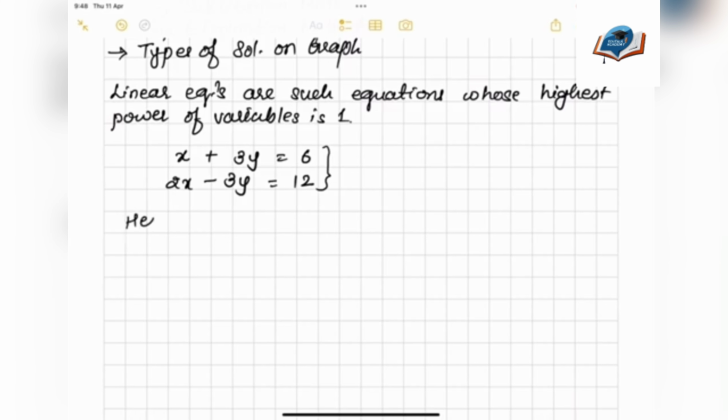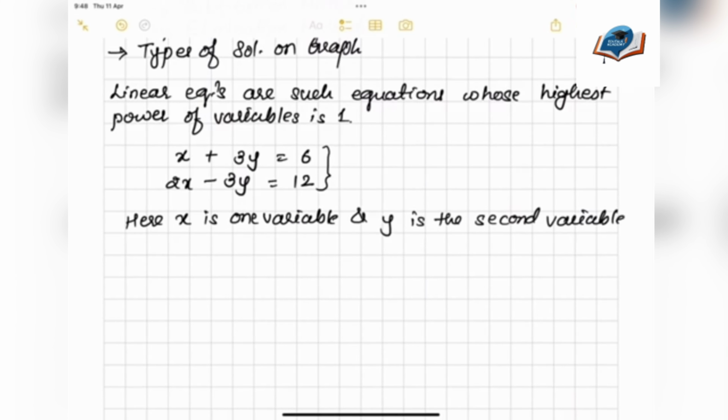These are called pairs of linear equations. And here we will always be taking a pair of linear equations and we will solve them. Here x is one variable with power 1 and y is another variable with power 1.